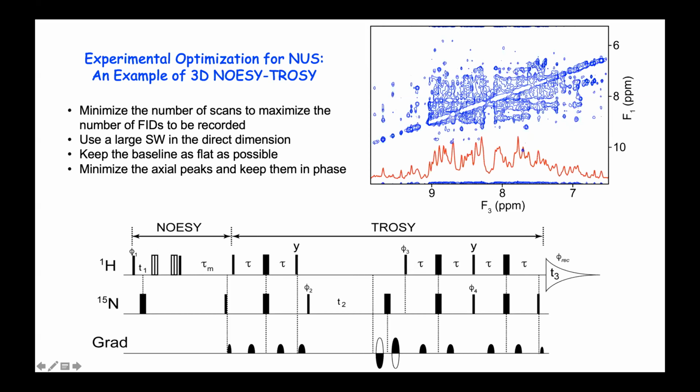So that's nice. Another problem is this. If you just do this, you'll see that this axial peak is 45-degree phase shifted. The reason for that is that the axial peak in this case is mainly dominated by the T1 relaxation during mixing time.